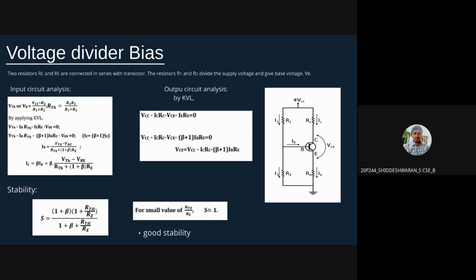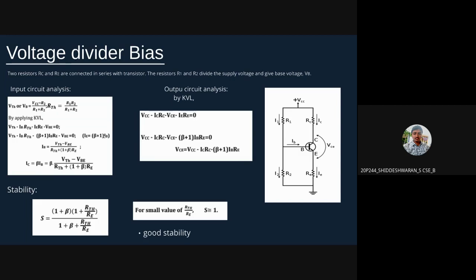Here, even though the source is common, that is VCC, R1 and R2 act as a voltage controller, which means the values of R1 and R2 will affect the voltage applied across VBE. We can set the values of R1 and R2 to get the desired voltage and bias the circuit. This type of biasing is known as voltage divider biasing.